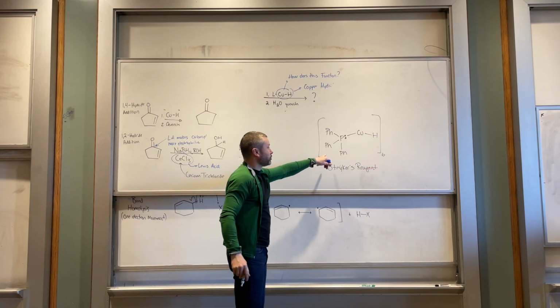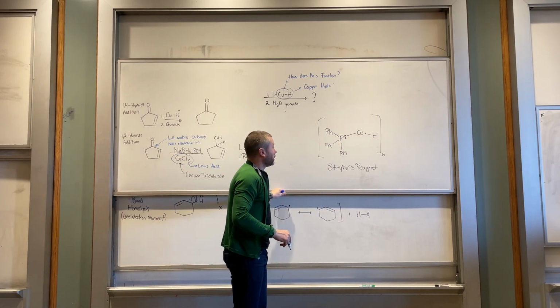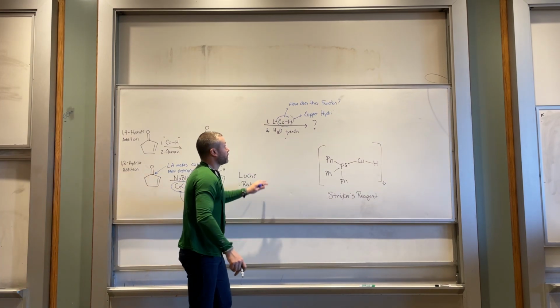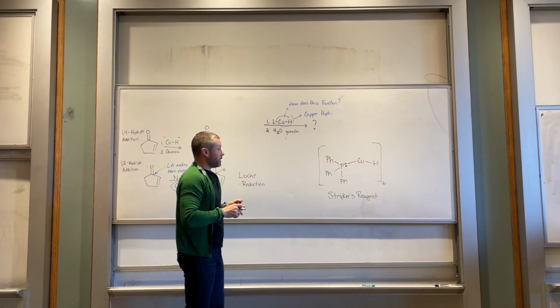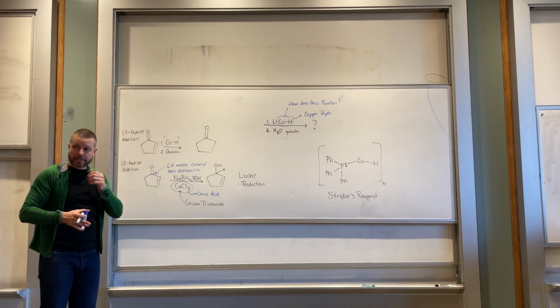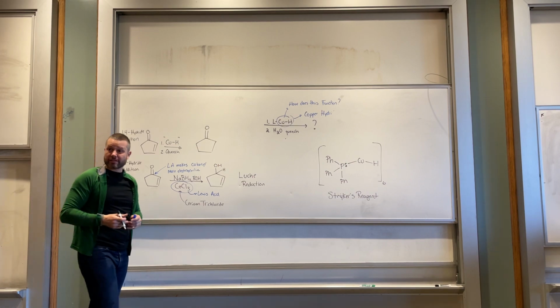And this just had a simple triphenylphosphine group attached to the copper. More recently, people often when they're using copper hydride are trying to accomplish stereoselective reactions. And so the ligands that are attached to that copper are chiral ligands.